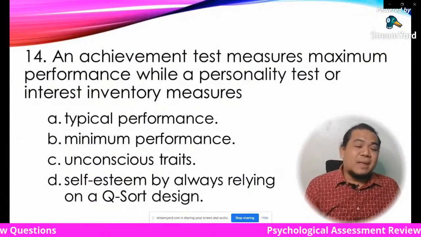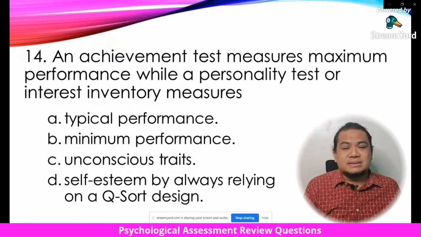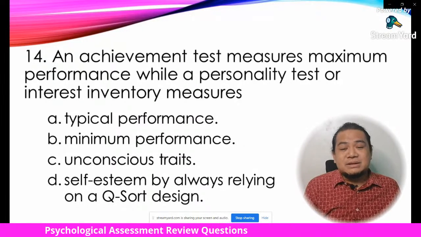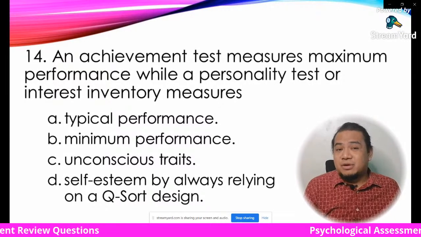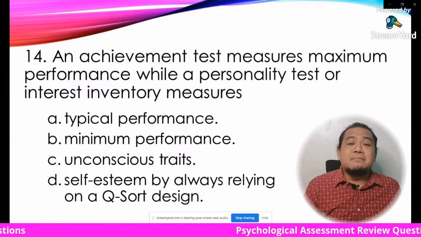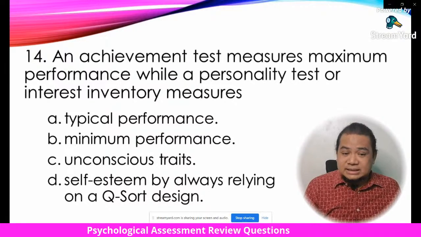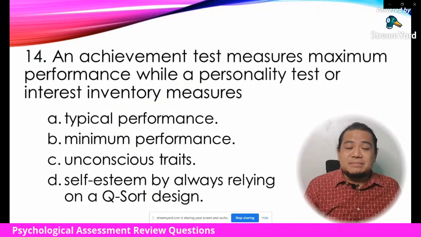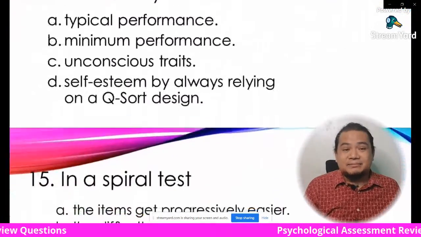Number 14. An achievement test measures maximum performance, while a personality test or inventory measures A. Typical performance, B. Minimum performance, C. Unconscious traits, or D. Self-esteem by always relying on a Q-sort design.